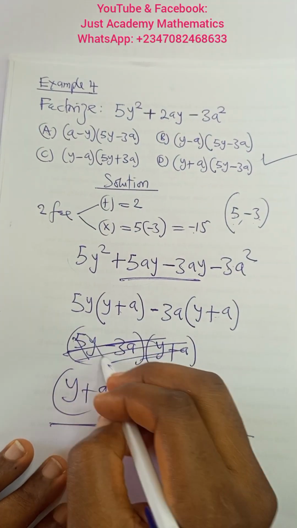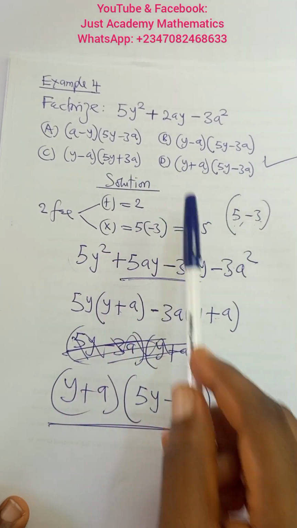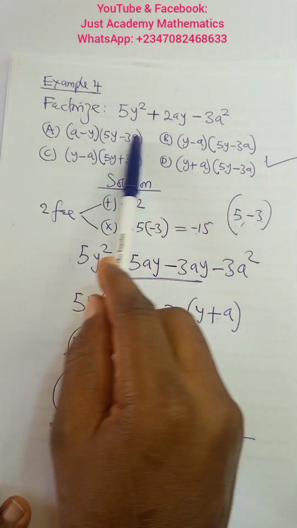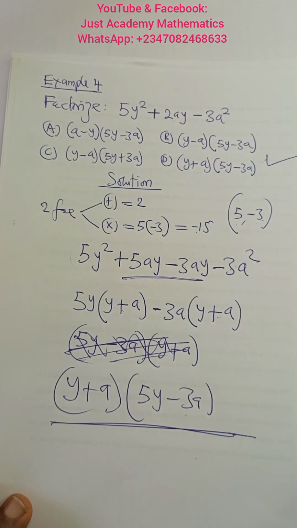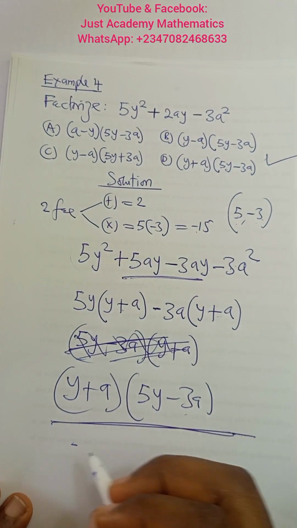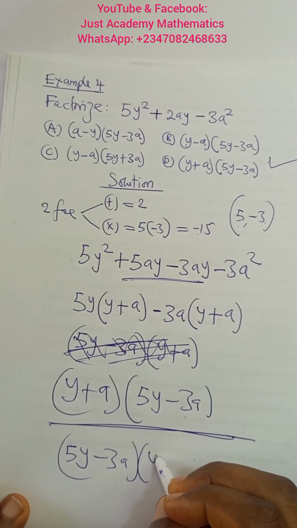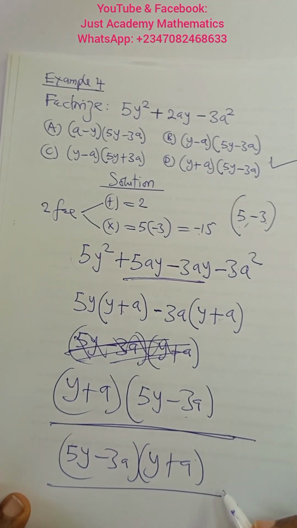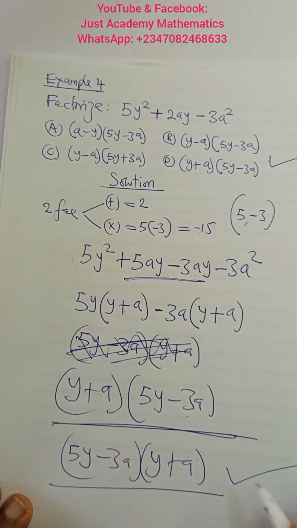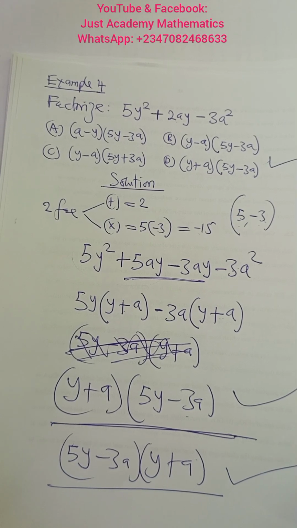So anytime you are factorizing, always keep your eyes on the options, if there are options. But what if there is no option, and someone presents his own answer like this? Is the person correct? Yes, 100% correct. Any of them can start.